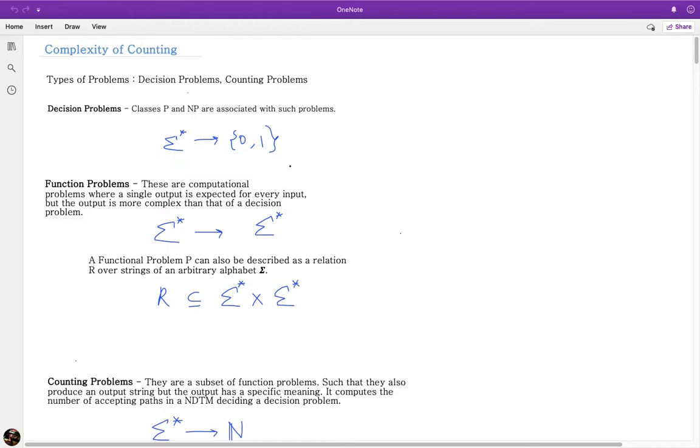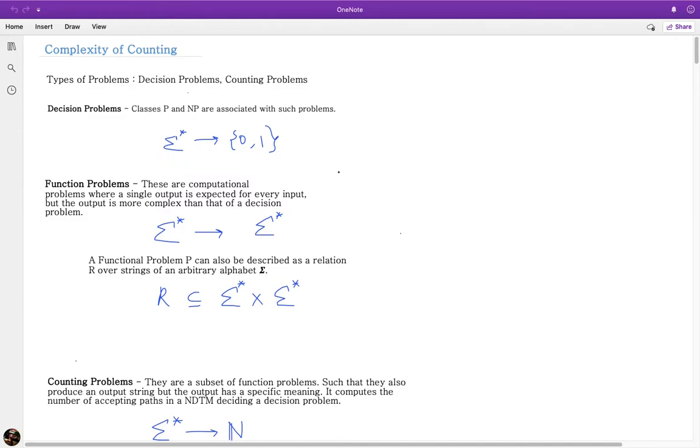So we have defined several complexity classes regarding these problems, and we have seen the hardness of problems and characterized them into several classes. But we can define a more general type of problem called function problems, which are computational problems where there is a single input and a single output.